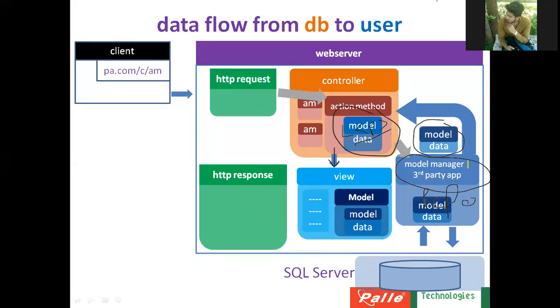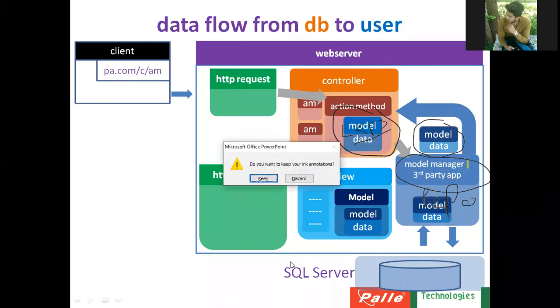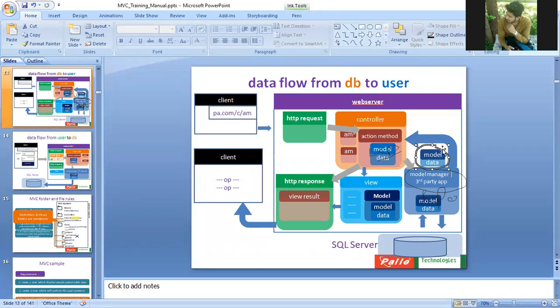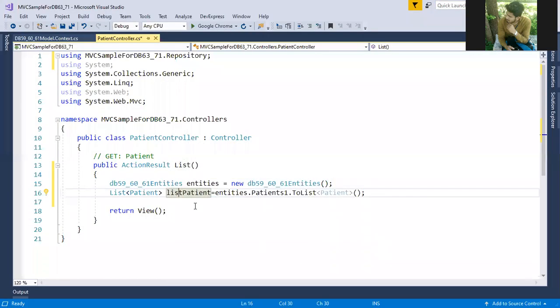So how can I send the data to the view? It is simple. In MVC, if you want to send the data to the view, you have to call a special method called the View method. What is the method name? The method name itself is View. So there is a method called View. Already it is given.